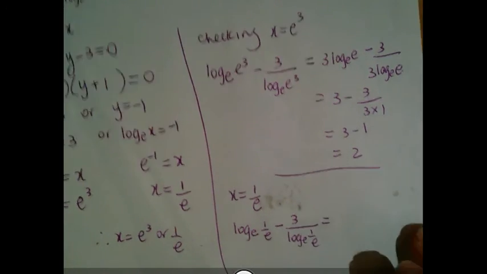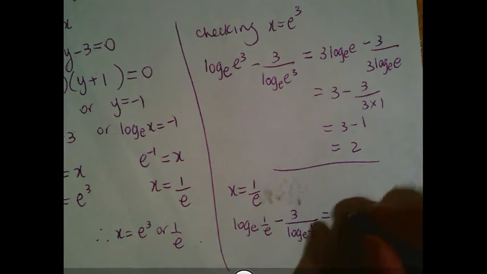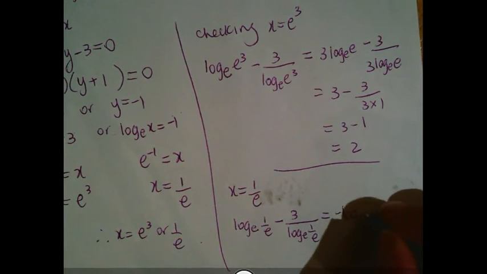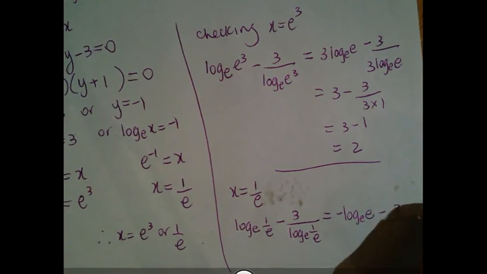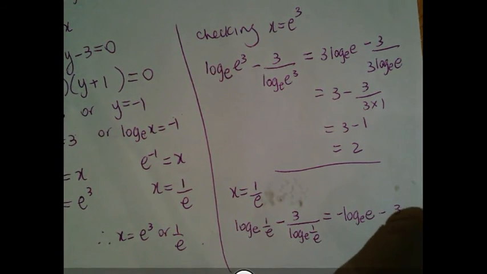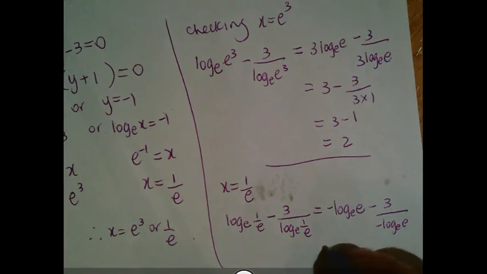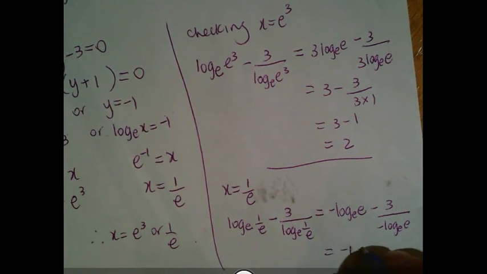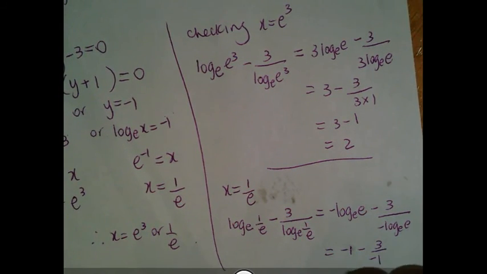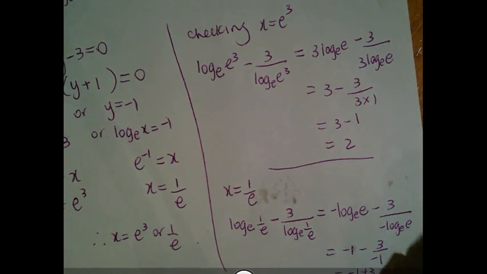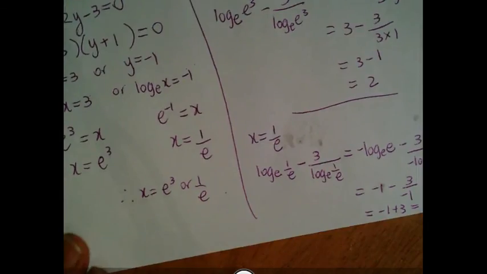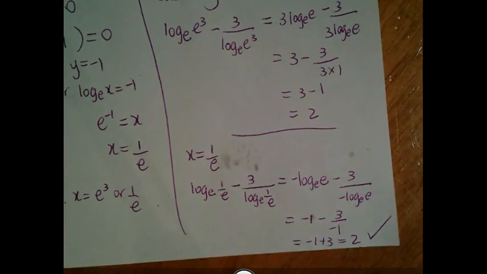Now log to the base e of 1 on e, that's e to the negative 1, so that becomes negative log to the base e of e minus 3 over negative log to the base e of e. Now that's negative 1 minus 3 over negative 1. So that's negative 1 plus 3, which is 2. That looks right as well. So both those solutions are correct. Okay.